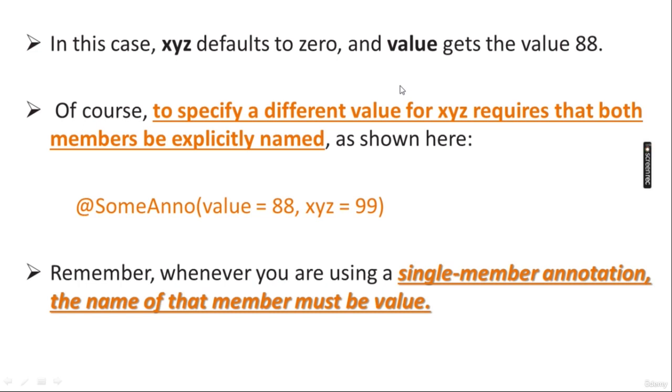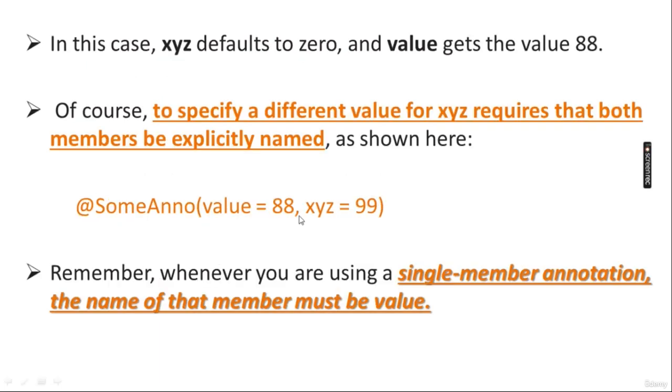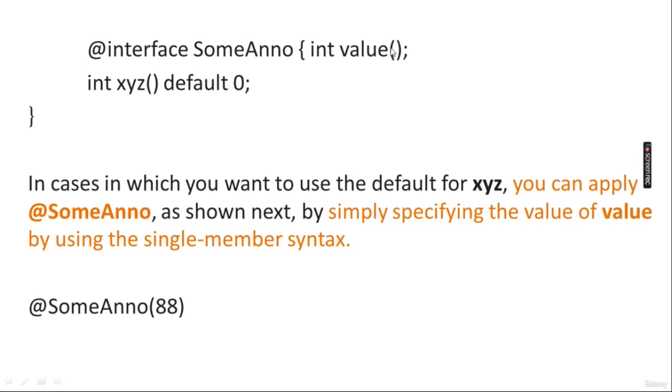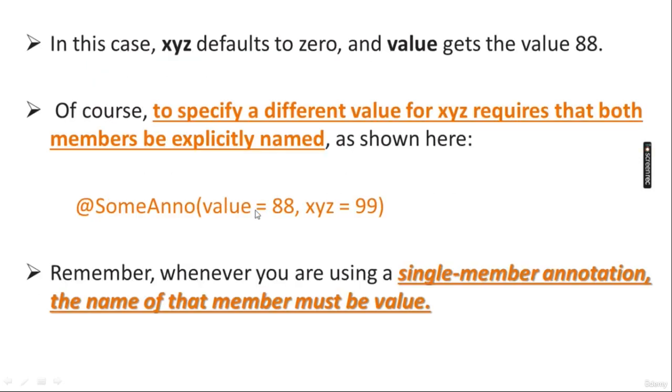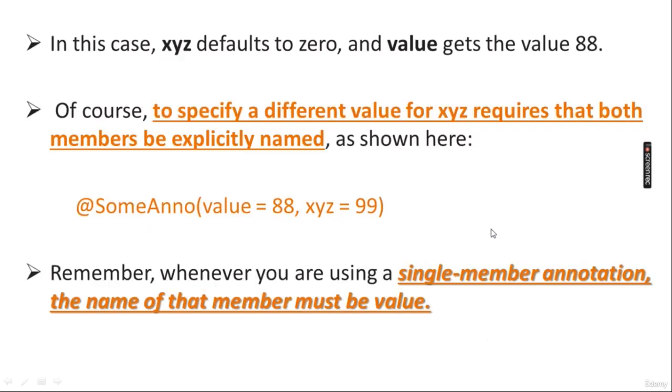To specify a different value for xyz requires that both members be explicitly named with a value. If you want the default value 0, that is fine, but if you want to assign a value other than 0, what will you do? You will write it like this, because the first parameter is the integer value: value = 88 and xyz = 99.